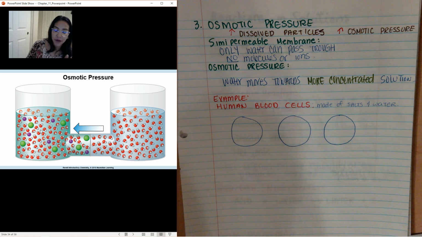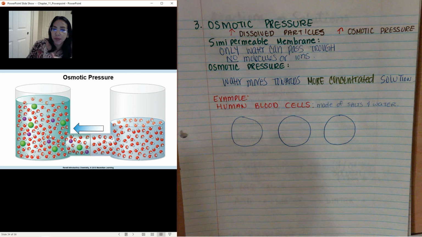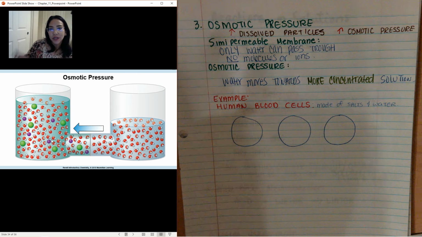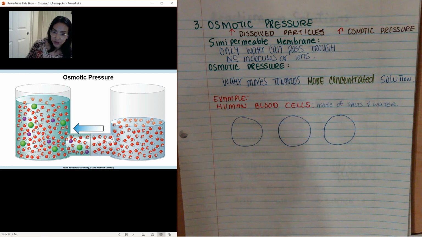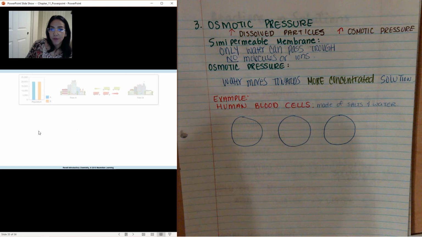It has a high salt concentration. The water is actually going to leave the other container, and through osmotic pressure, it's going to move to the more concentrated one. It's trying to balance it out. So this part gets less water, this part gets more water, but it's less concentrated now.